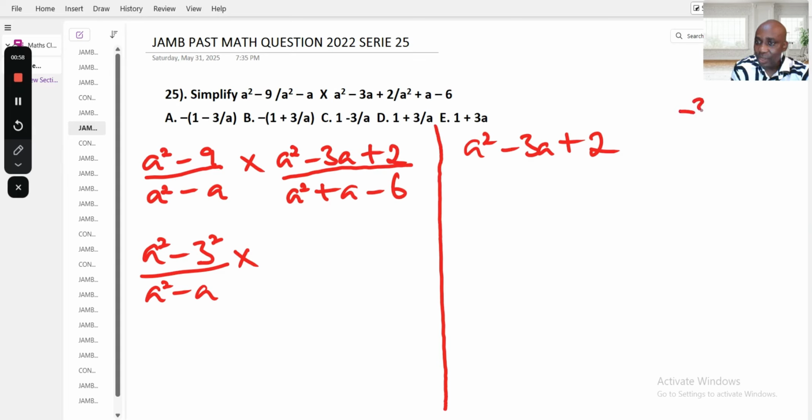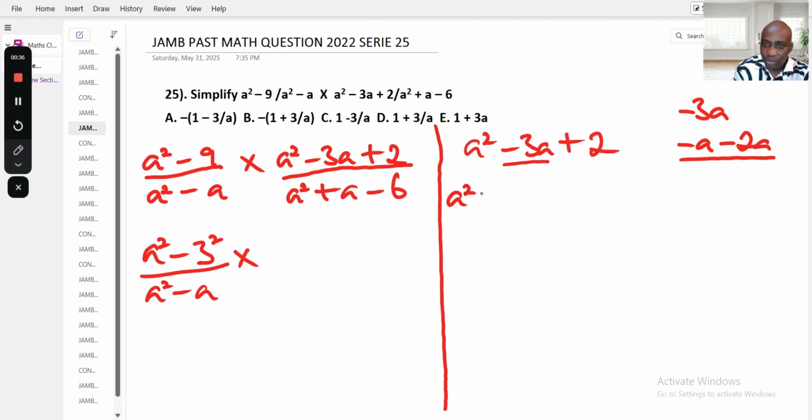Minus 3a is going to be replaced with minus a minus 2a. You are owing 1 naira and you are owing 2 naira. You add everything together, it's going to be minus 3. We are going to replace this minus 3a with minus a minus 2a.